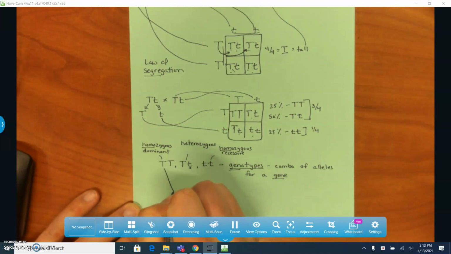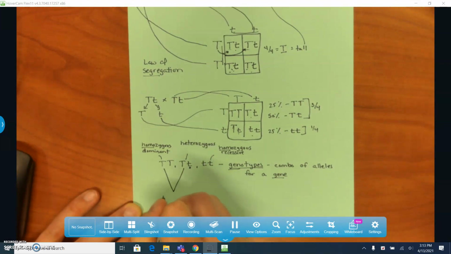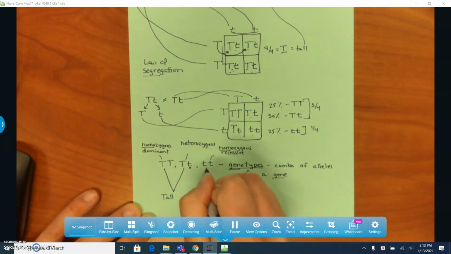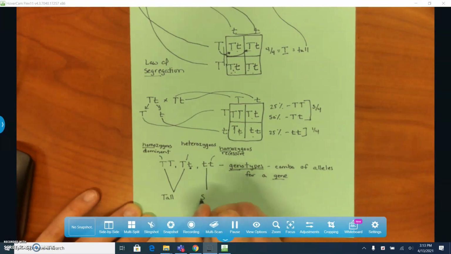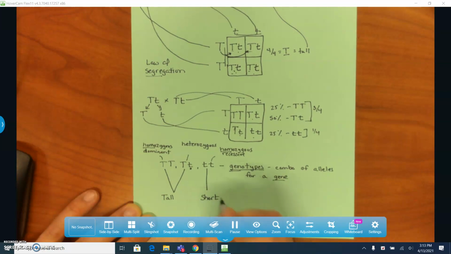We know that those 2 genotypes will create a tall plant. This genotype will create a short plant.